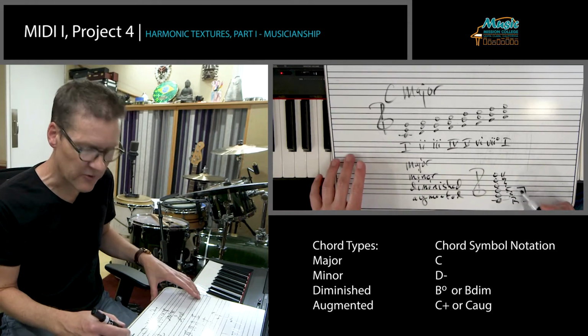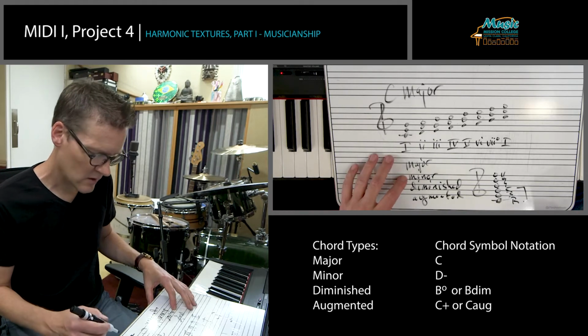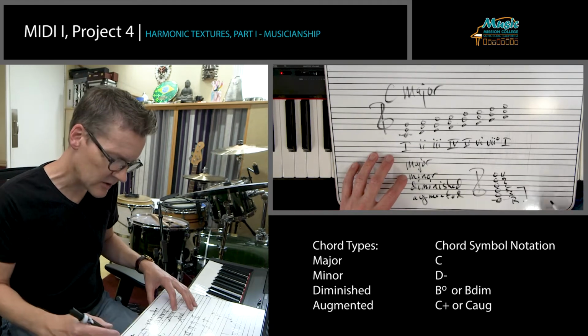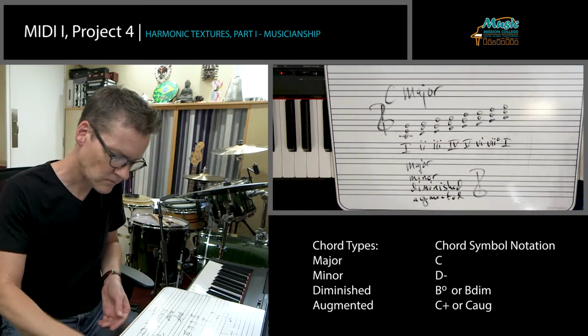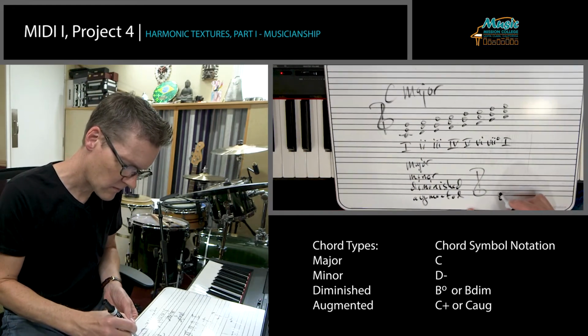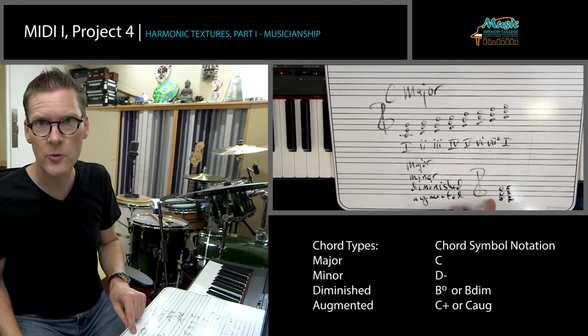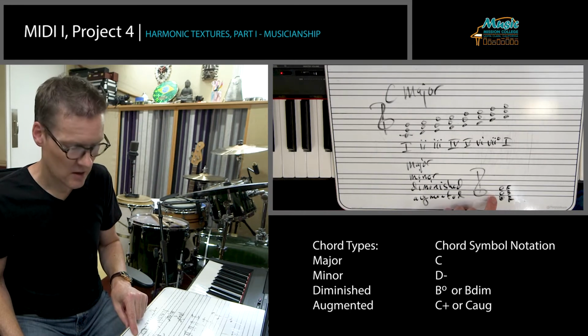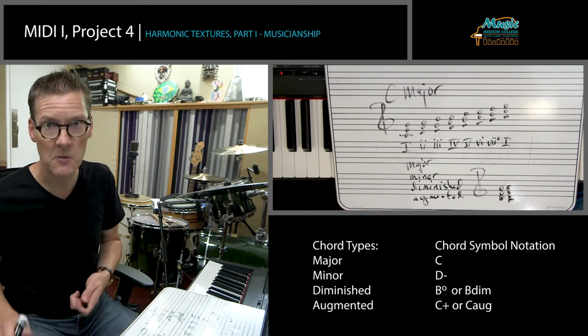And then the root to the fifth is a perfect fifth. A minor chord would mean that the distance, and I'll do a D minor chord. Here the root is a D and the third is an F.